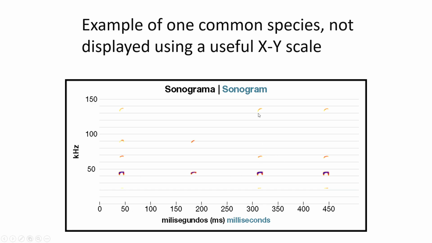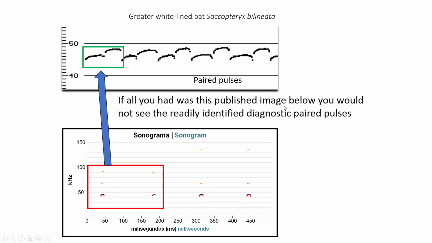In fact, you can actually see the harmonics here, which are interesting, but that doesn't really give you the characteristic paired pulses that are diagnostic to immediately recognize the calls. So if you use a compressed mode, immediately you see the paired pulses, which are diagnostic. You don't see this in the published sonogram. So it's not helping you learn the calls very well by shape.